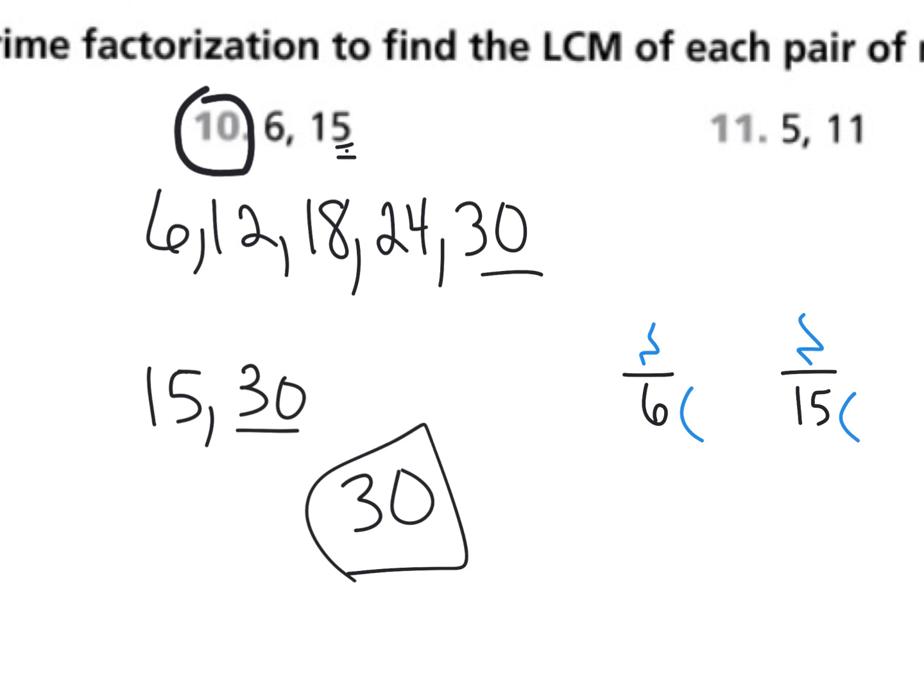Obviously, we could just multiply 6 times 15 would be a common denominator, but it works out the least common denominator here would be 30. Okay, so again, just a different perspective, but list your multiples out and then see what's in common. Your first common multiple, your least common multiple, is going to show up on those lists.